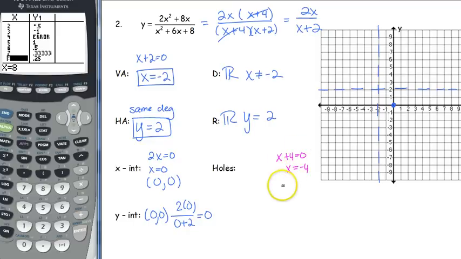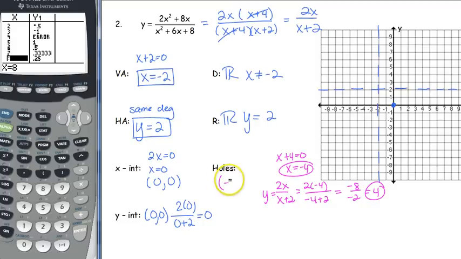We plug that into our 2x over x plus 2. So 2 times negative 4 all over negative 4 plus 2, negative 8 over negative 2 gives us a positive 4. Remember, this is representing your y, and that's representing your x. So the coordinate of your hole is at negative 4, 4.